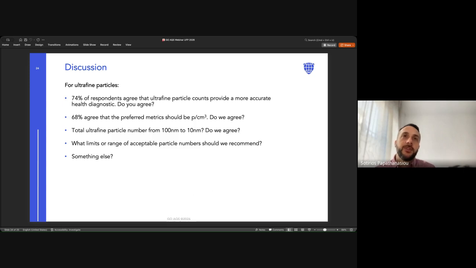For ultrafine specifically, I think we need more work. Many researchers are already working on unearthing more information around those particles. So we have to wait a little longer to determine if there is a specific range limit or something similar for us to recommend.